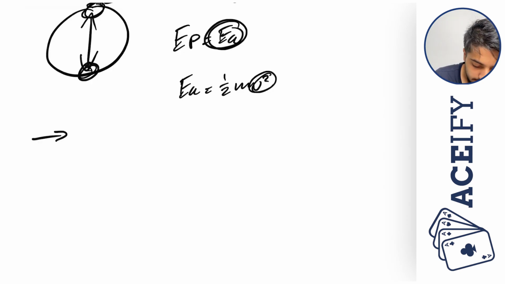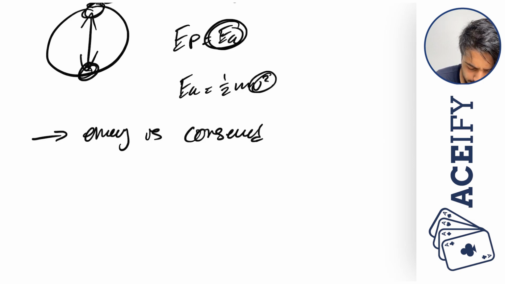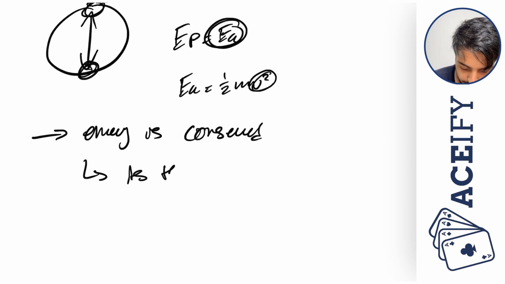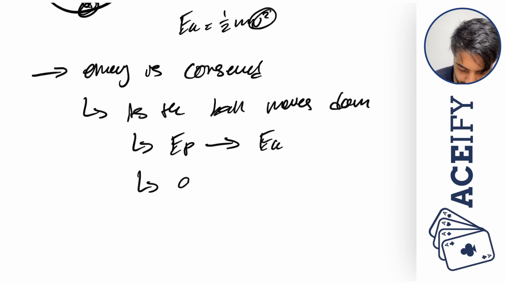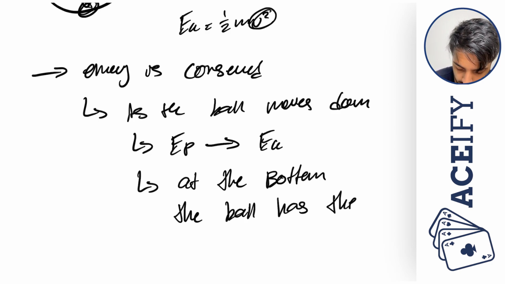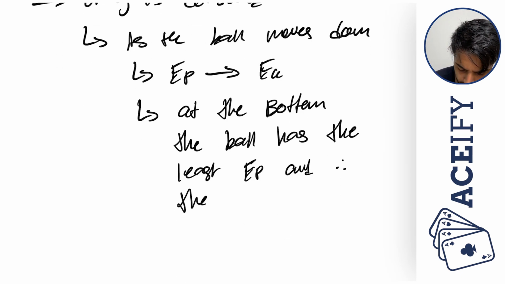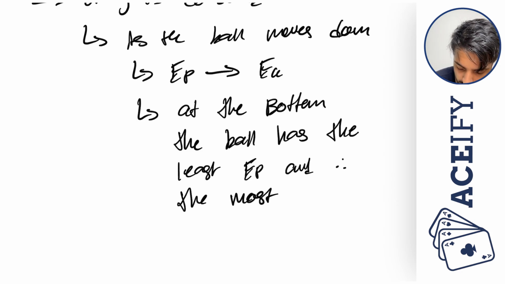So we can write that energy is conserved, and therefore as the ball moves down, the EP is being converted into EK. Therefore, at the bottom, the ball has the least EP and therefore the most EK.